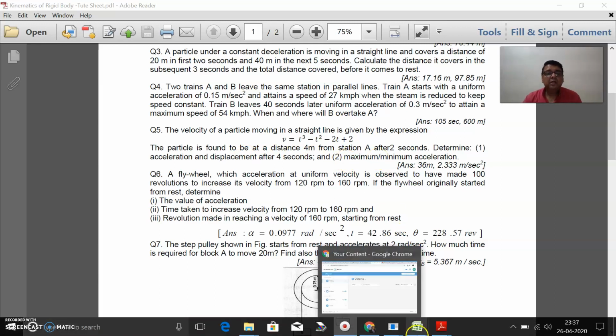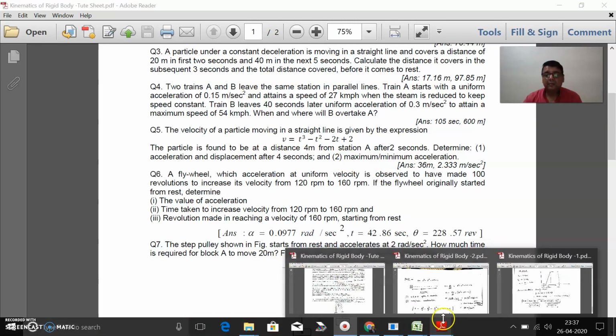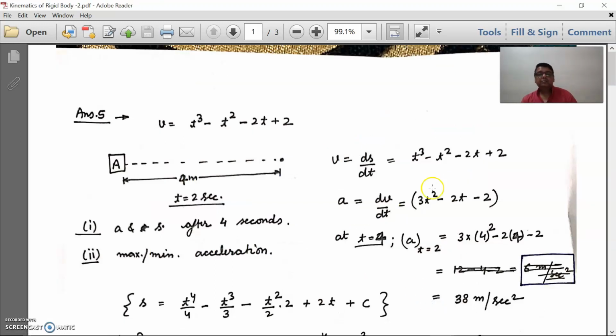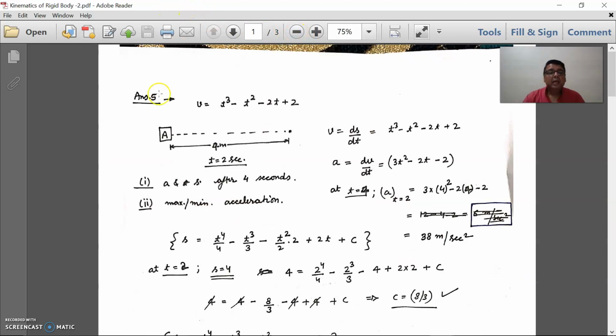So let us come to the solution of this numerical. In this, v is equal to t cube minus t square minus twice t plus 2. After 2 seconds, A reaches 4 meters, and he is asking what is the value of acceleration and what is s after 4 seconds.